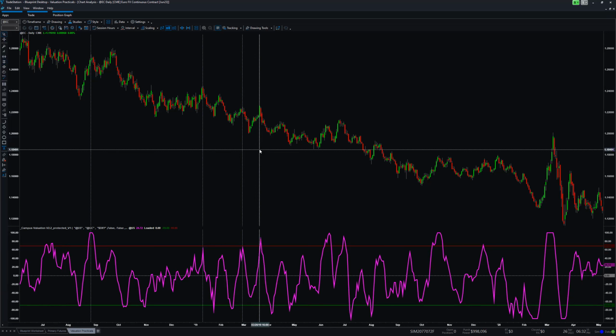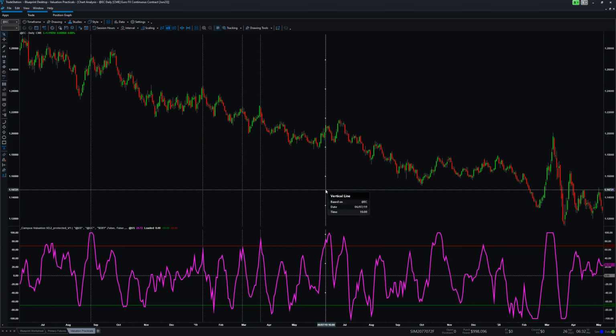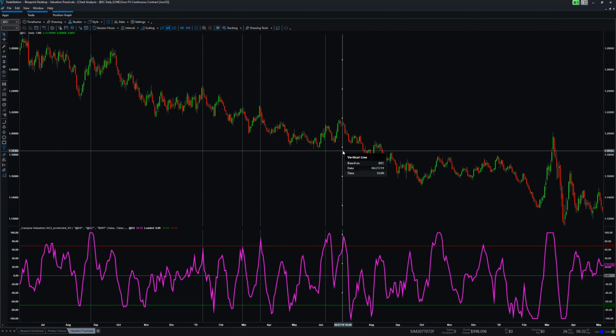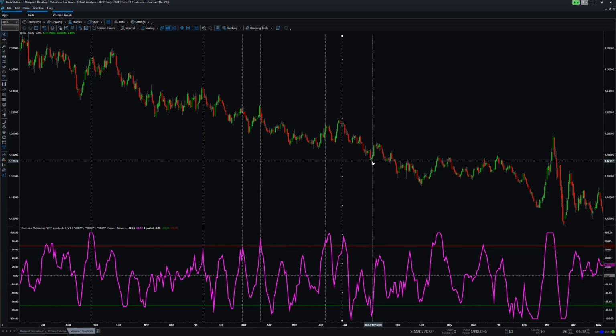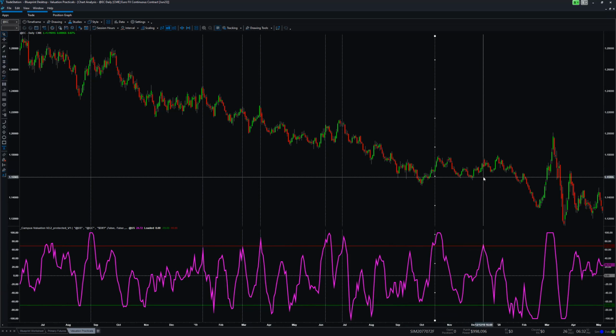Here, again, we're overvalued, then we get the decline. Here, again, we're overvalued, then we get the decline. Then we move a bit higher, then we're overvalued, then we get a bigger decline. Then we're overvalued again here, a little bit too early this time, but eventually we get the decline. Here we get a decline for a few days.